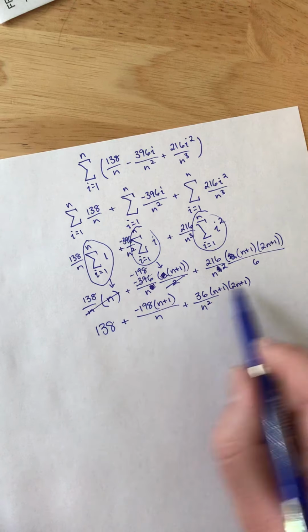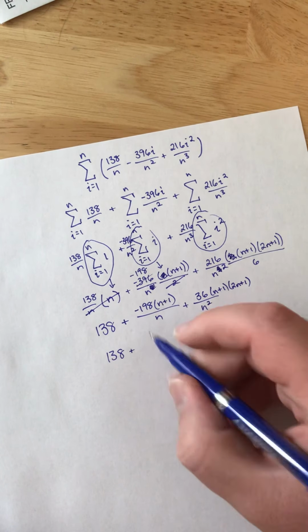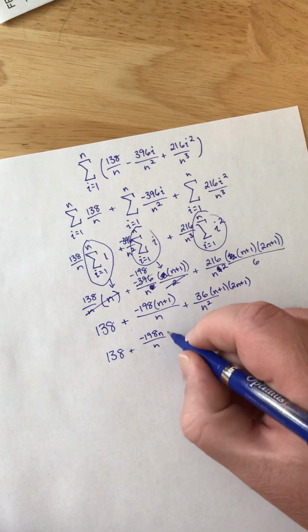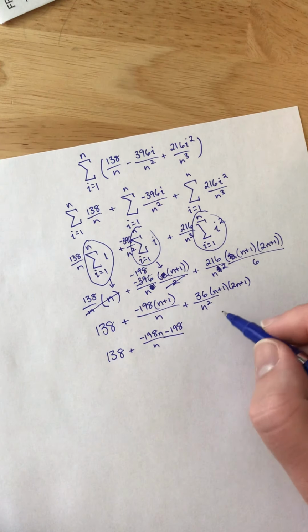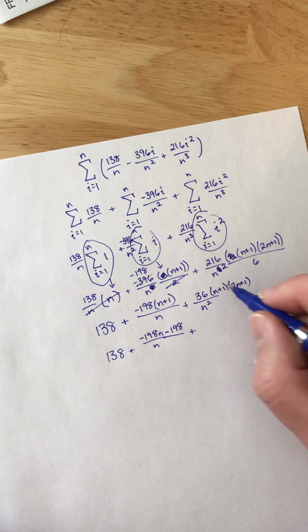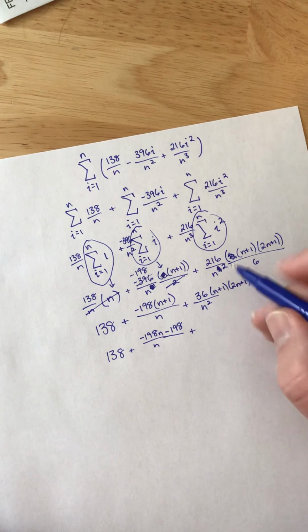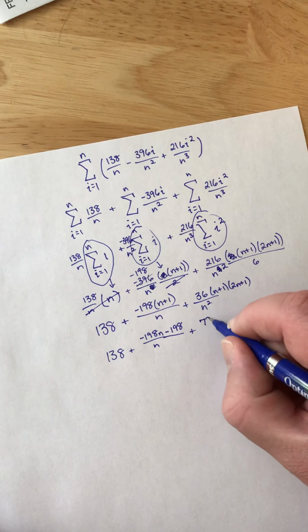Now what I'm going to do is I'm going to worry about some multiplication on top here for a second. So that's going to turn into negative 198n over n minus 198. All that's over n. On the other part, we're going to do the FOIL here, and we're going to just go ahead and distribute the 36. So n times 2n makes 2n squared, so I'm going to end up with 72n squared.